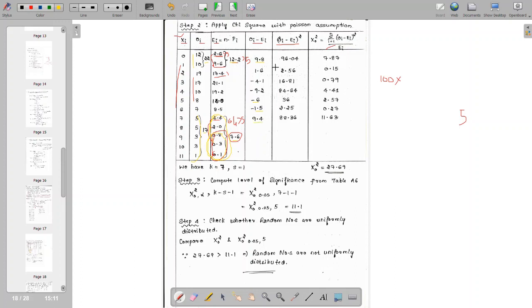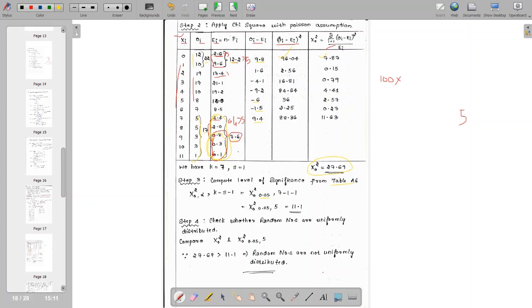Then substitute this value into the equation. Find the critical value. I got the chi-square value as 27.69. Second step over. Third step, compute the level of significance from table A6. That is chi-square alpha. Alpha value is given as 0.05.